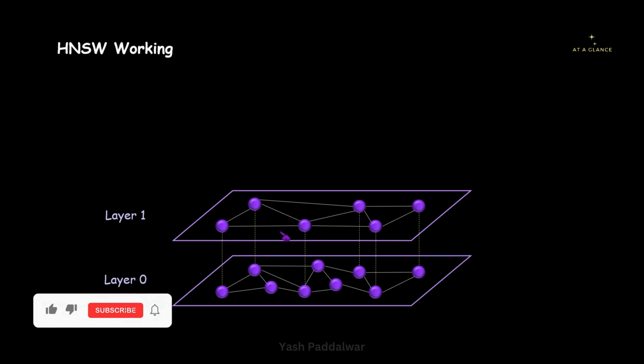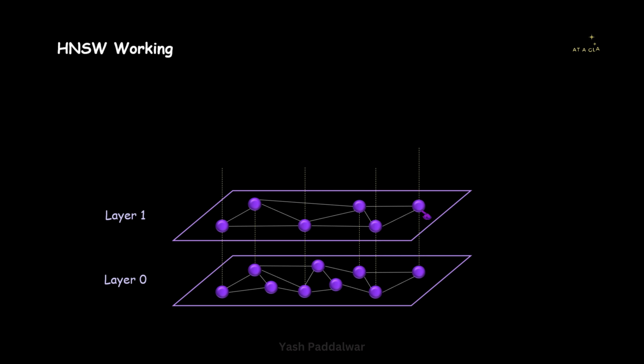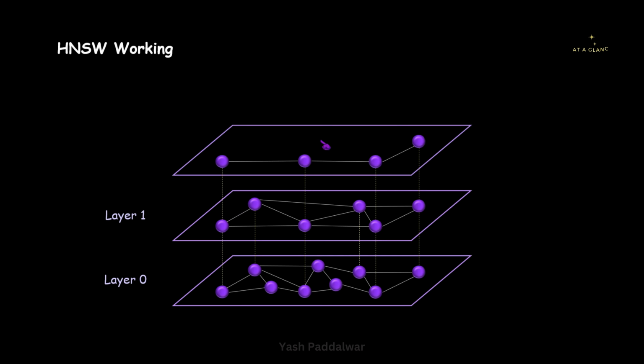Similarly, one more layer above this particular layer will contain a lesser number of nodes than this layer. So again we'll have their projections. We have chosen these 4 nodes as a part of the above layer. So let's construct that. You can see these 4 nodes are now a part of layer 2.